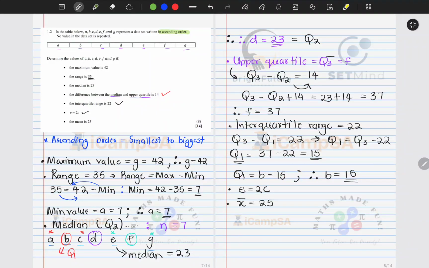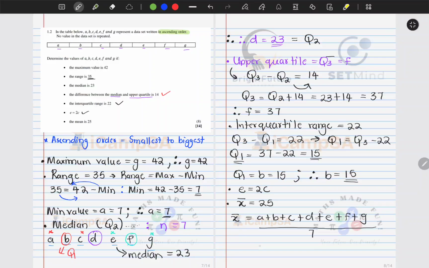So what we can do is use the mean, because we know that the mean will simply be A plus B plus C plus D plus E plus F plus G, and all of this will be divided by 7. Okay, we already have much of these values here. A we do have, because we did find the minimum.